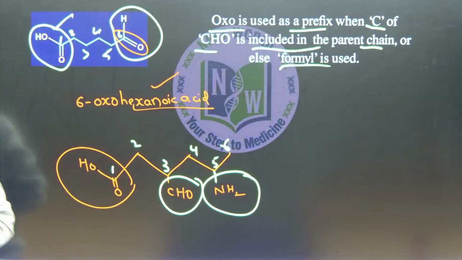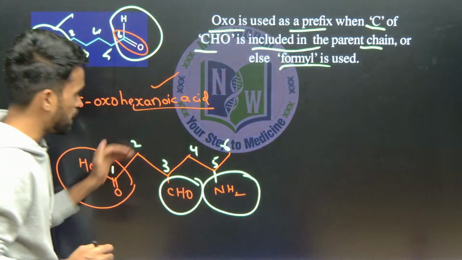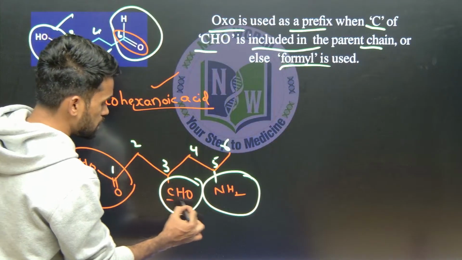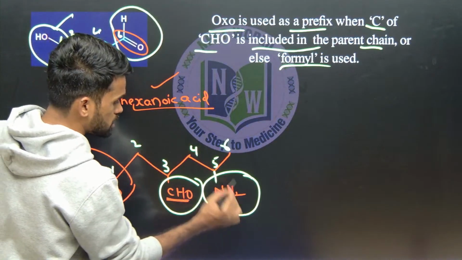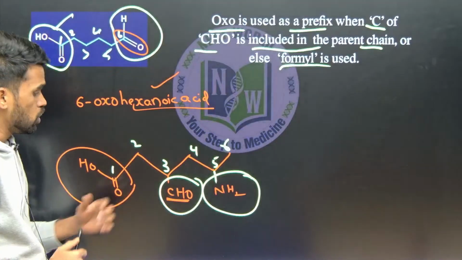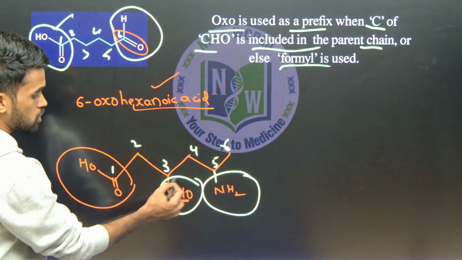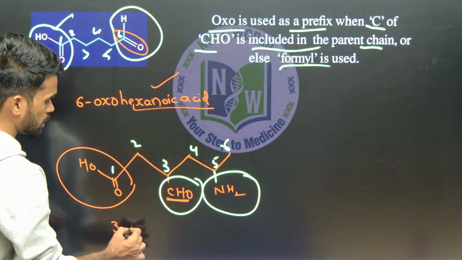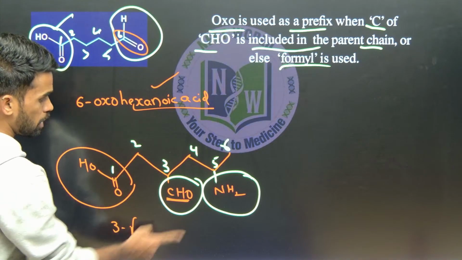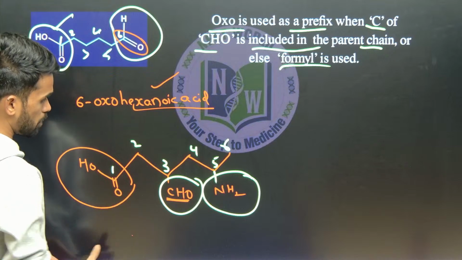See, tell me, in this parent chain we are not counting this CHO carbon, and there is a nitrogen, an amine group. So now the name of this compound should be written as 3-formyl, since this carbon is not counted. Before that we have amino. What is the position of that amine? 5.